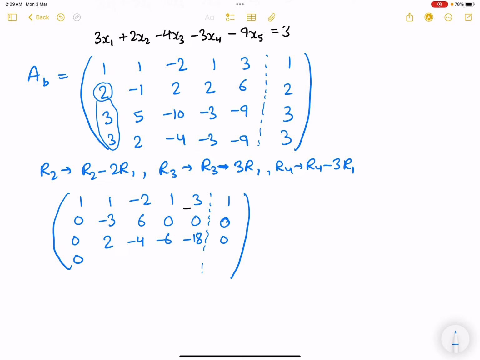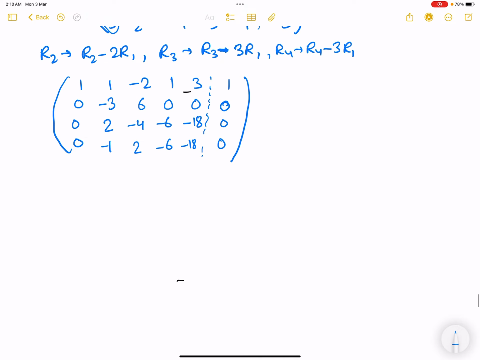Similarly, this would be 0, 2 minus 3, minus 1, this would be 5, 3, okay, minus 4, plus 6, this is 2, minus 3, minus 3, minus 6, and the last one would be minus 9, this is minus 18 only, this would be 0.